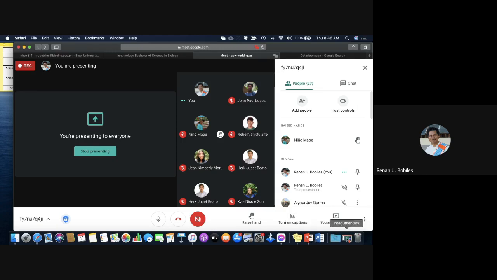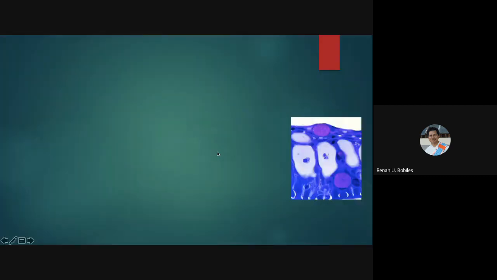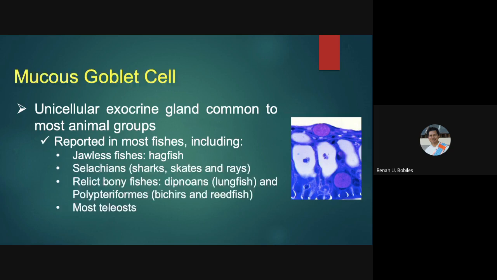So in the case of the mucous goblet cell, which is considered exocrine, the mucus, which is secreted by the goblet cell, is directly emptied to the surface of the skin.